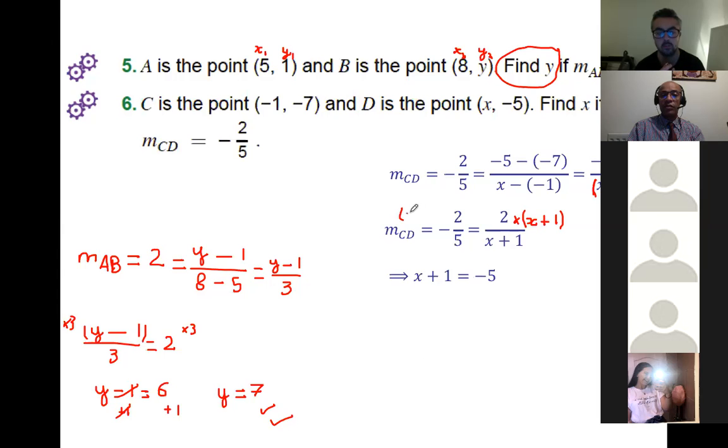So if I was to time this side by x plus 1, I've got -2 times x plus 1, so you end up with -2 times x plus 1 divided by 5 equal 2.